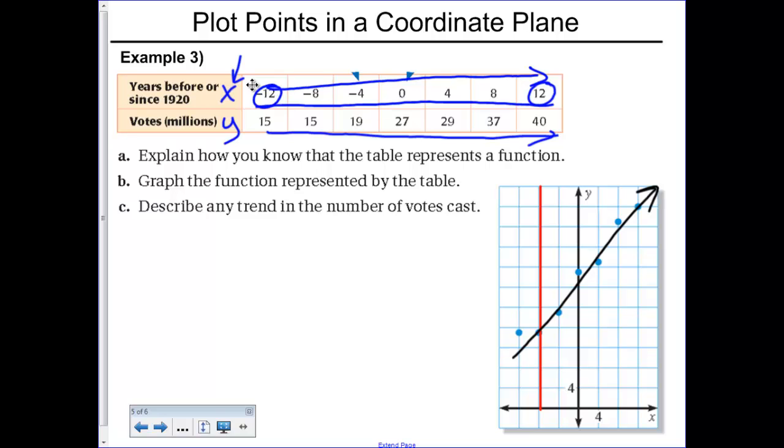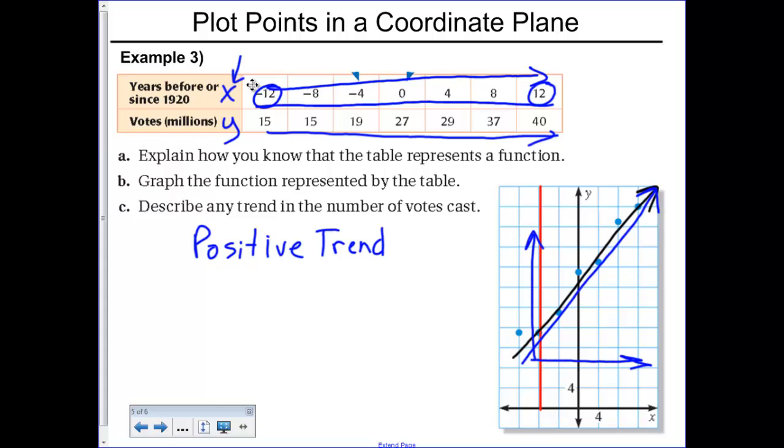So if both values increase, we have a positive trend. And a positive trend is something that goes up and to the right. So as one value is getting bigger, the other value is also getting bigger.